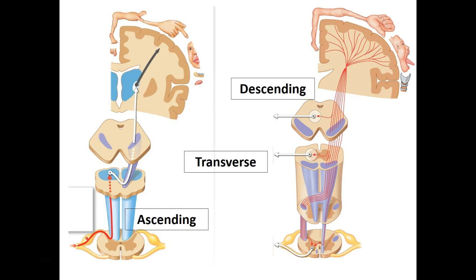Okay, so this is kind of what we're talking about here. We can have ascending tracts that are going up. So here we have information coming in. So what type of information is this? Is this going to be sensory information? Yes. Hopefully you're able to convince yourself that that's true. So we have sensory information coming in. We have the cell bodies, and then that's going to send information.